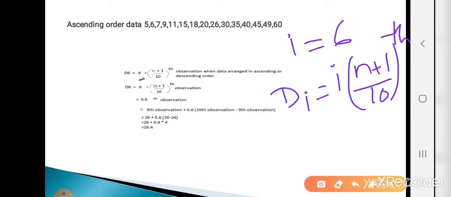So 6 into (n plus 1) divided by 10th observation. Now put n equal to 15 because we are given a total of 15 observations. So 15 plus 1 is 16, 16 divided by 10 is 1.6. So 1.6 into 6 is 9.6.